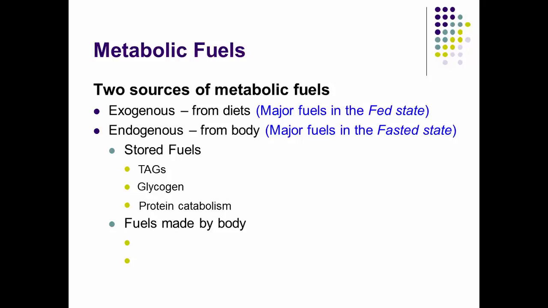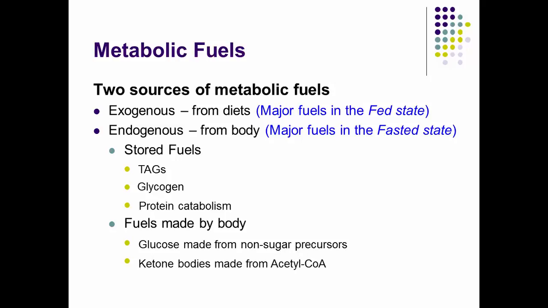And the other very important metabolic fuel that our body can make during the fasting conditions. Glucose, yes, glucose and ketone bodies, right? So glucose is made from non-sugar precursors through the gluconeogenic pathway, and ketone bodies are made from acetyl-CoA, remember, right? And by the liver.